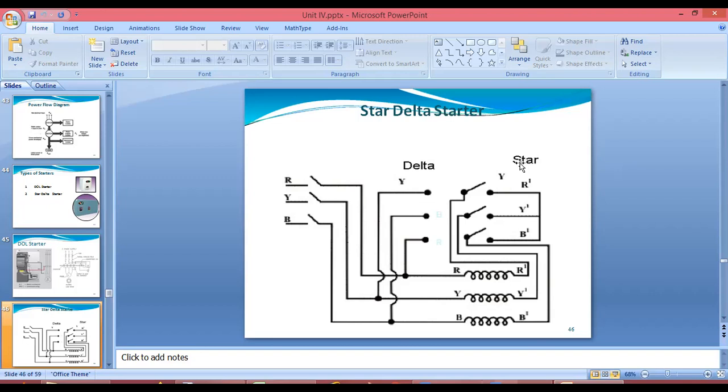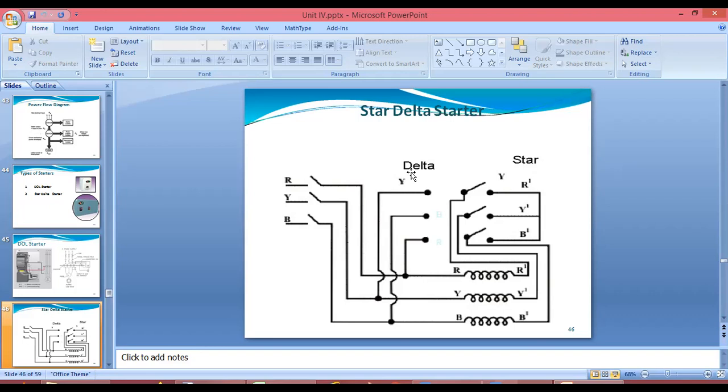If we are making three terminals of the three-phase induction motor, three-phase supply, one common, तीनों को एक जगह कॉमन किया है और तीनों के जो other side से we are taking differently, we are saying this as a star connection. And if we are connecting one terminal of the R phase to one terminal of Y, Y's second terminal we are connecting to the first terminal of B. Like this, we are making the triangle. At that time, we are saying this will be a delta.